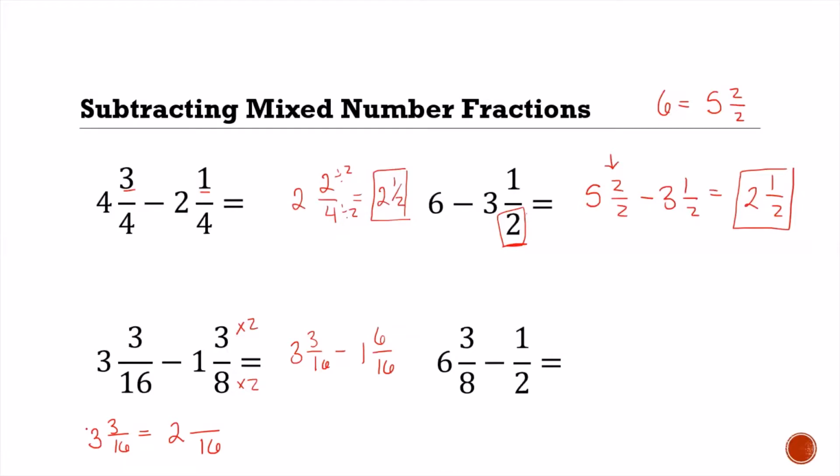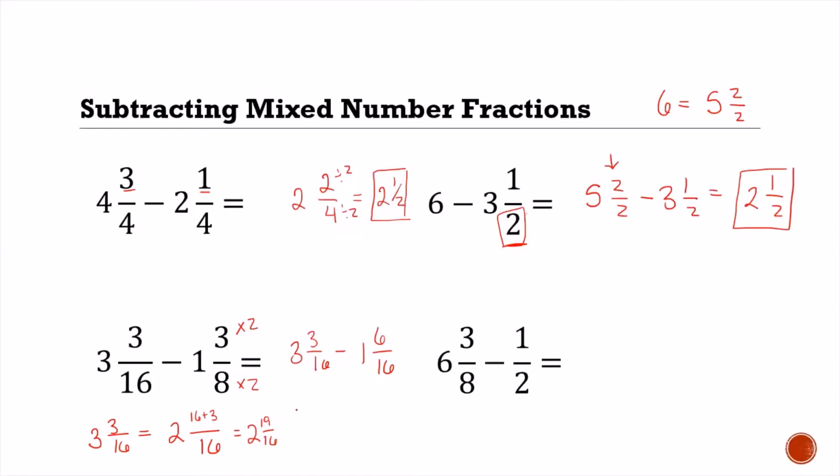I'm taking one whole case and putting it in with the part cans, that way I can subtract from it. I'm breaking it up. There's 16 cans in a case. I had 3 part cans left. So the top here is going to be 16 plus 3, which leaves me with 2 and 19/16. So 3 and 3/16 is the same as 2 and 19/16.